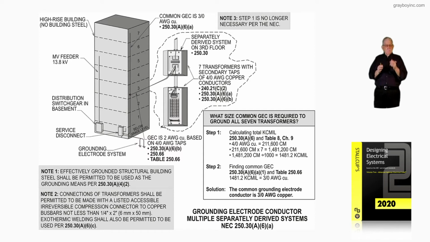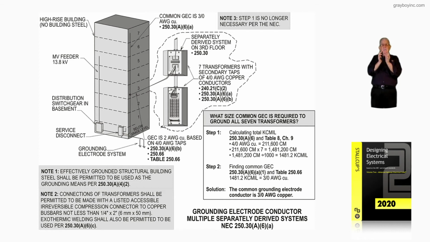You can dig it out for yourself. That's not a problem. But notice we're looking at 240.21(C)(2), 250.30(A)(6)(a), as in apple, and 250.30(A)(6)(b), as in boy.